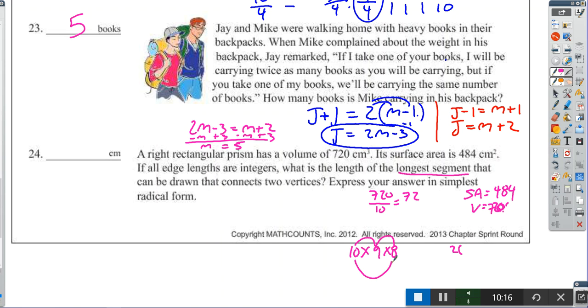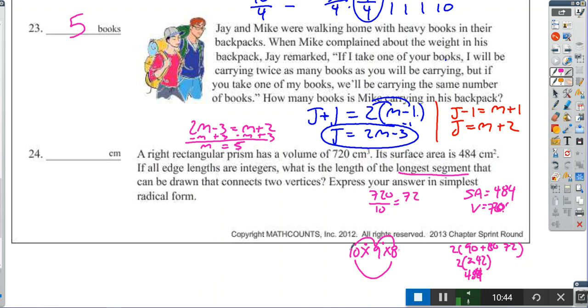Oh, look, it's my little frog ribbit. All right, so 10 times 9 is 90. 10 times 8 is 80. 9 times 8 is 72. So I add those together, I get 2 times 242, which is 484.